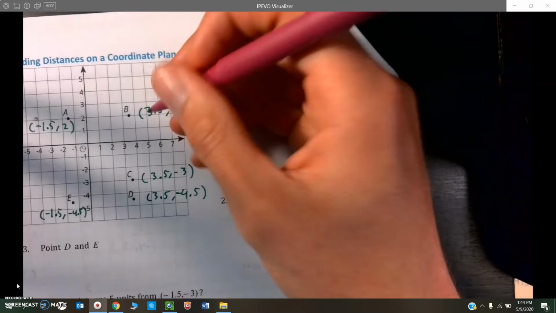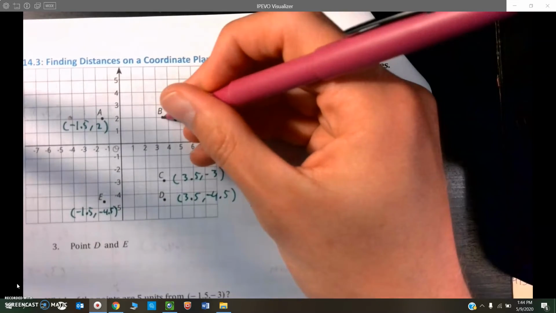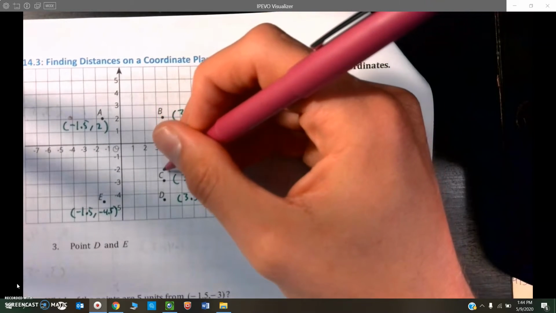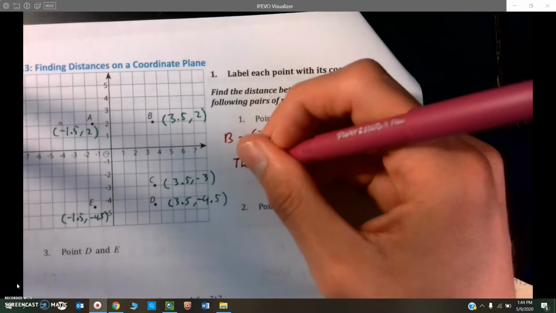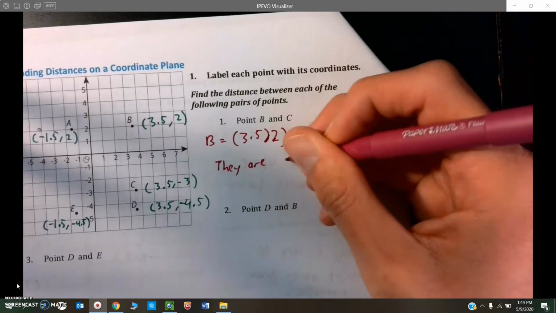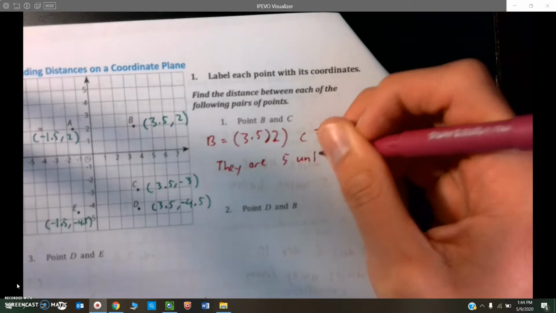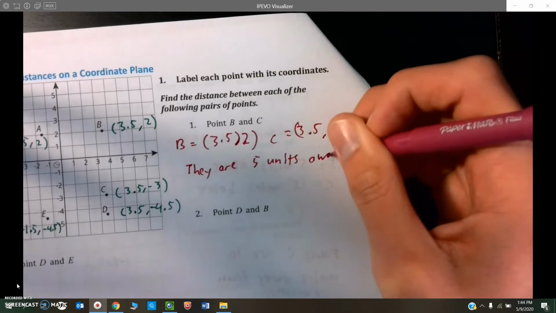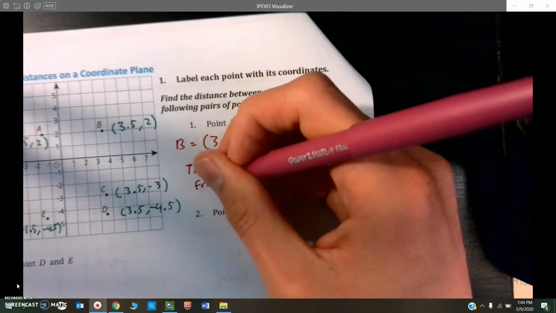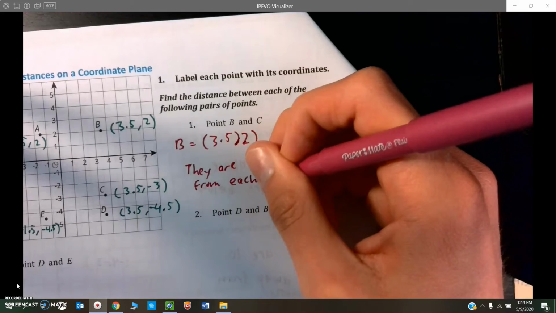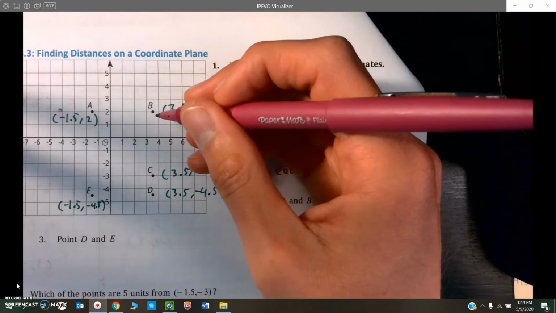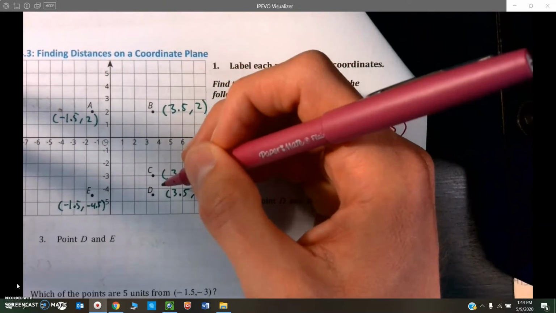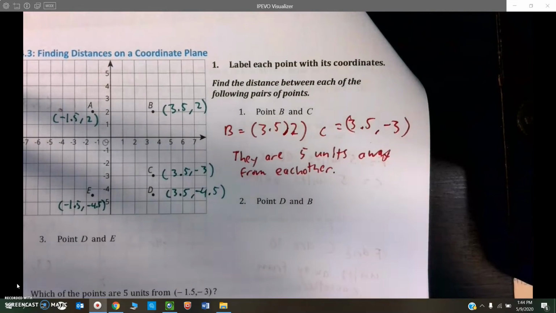So how much distance do they have between each other? We could simply just count 1, 2, 3, 4, 5. Once again, that's because B is 2 units above, C is 3 units below. Put those together for a total of 5 units.